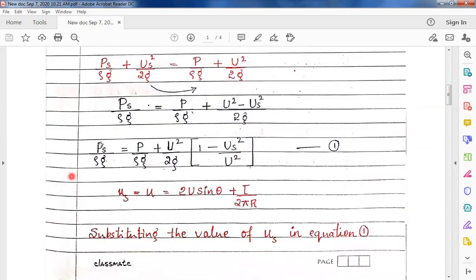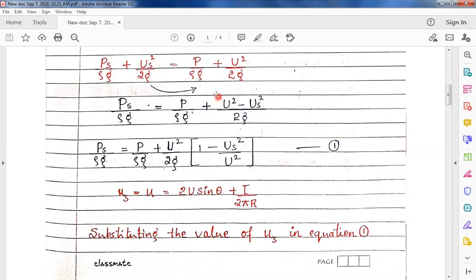Next, Ps by rho g is equal to P by rho g plus, and here they have taken u square by 2g outside.